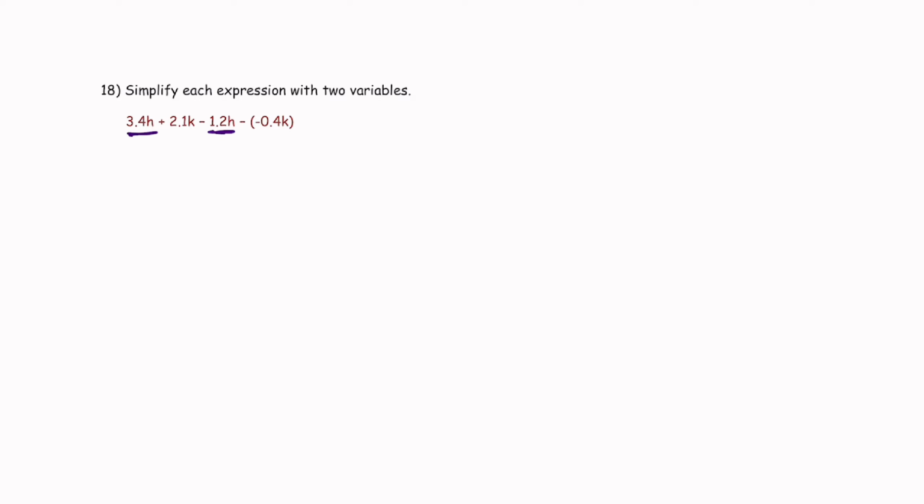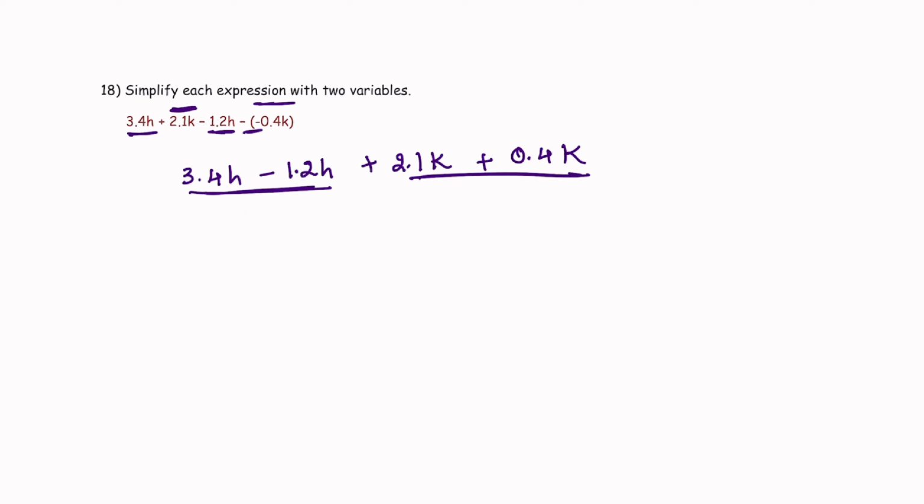That's h and h. That's k and k. Let's rewrite. I prefer doing that so there is no confusion. 3.4h minus 1.2h plus 2.1k, and this one here, it's minus times minus, so that's plus 0.4k. This together and this together.